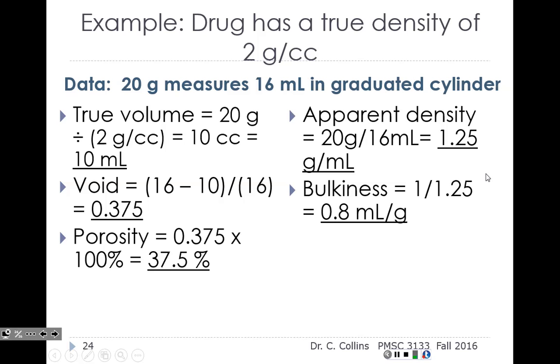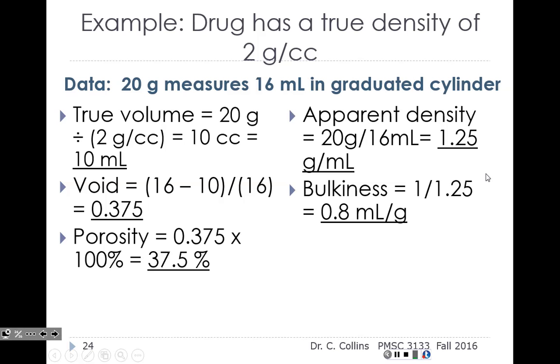So the bulkiness is the inverse of the apparent density, so 0.8 mils per gram. So picking the size of your processing equipment, your containers, your mixers, those types of things, you have to allow sufficient size to mix it in.